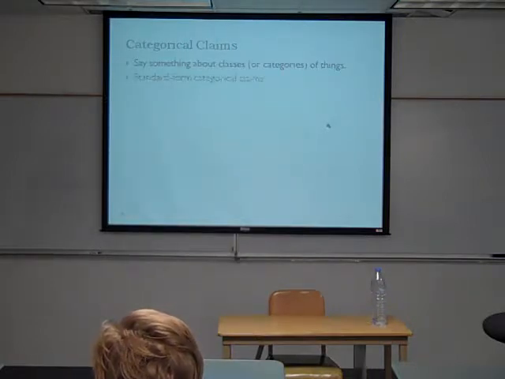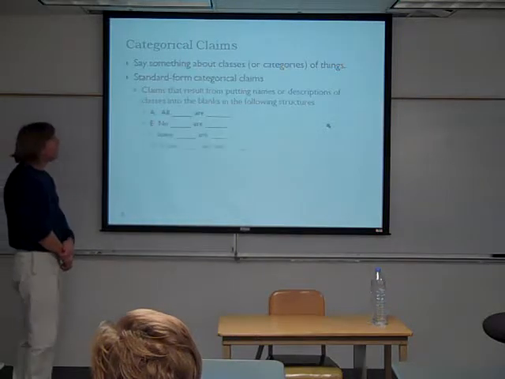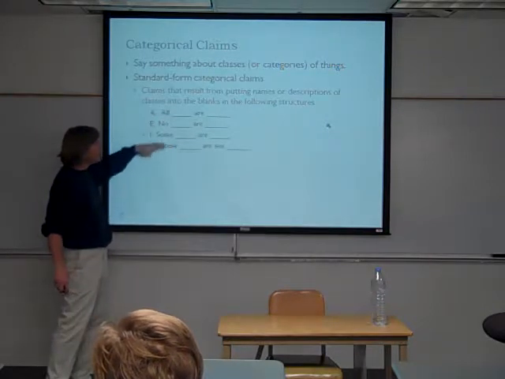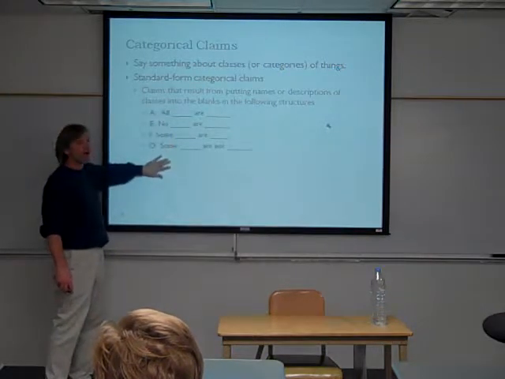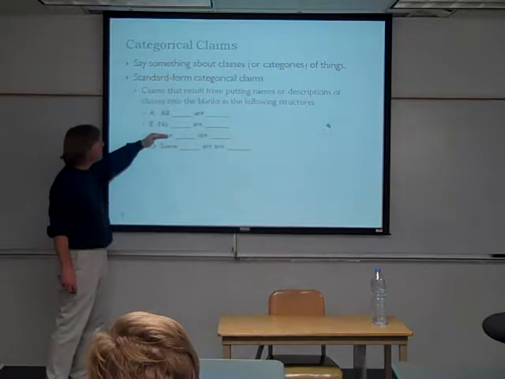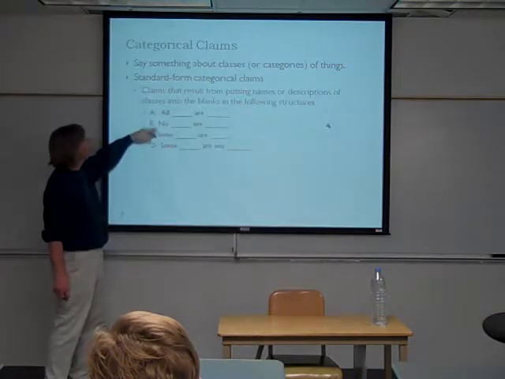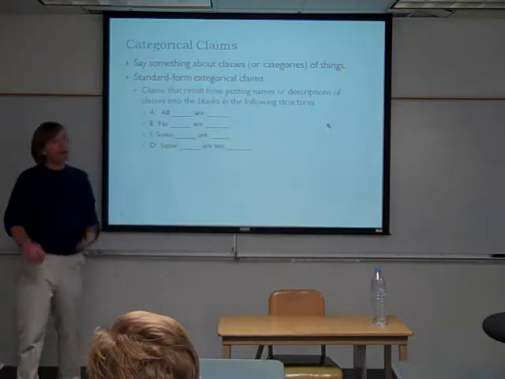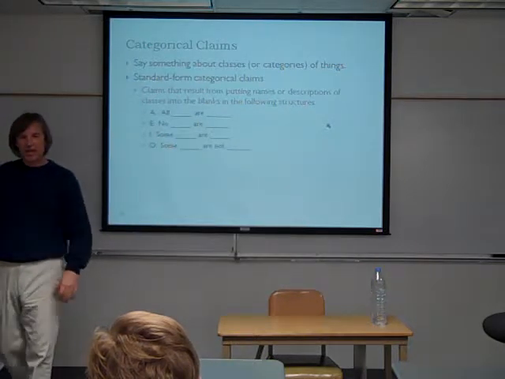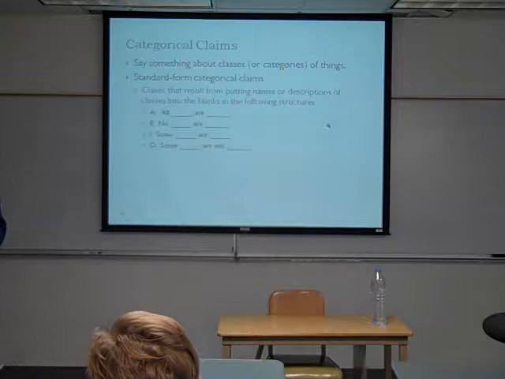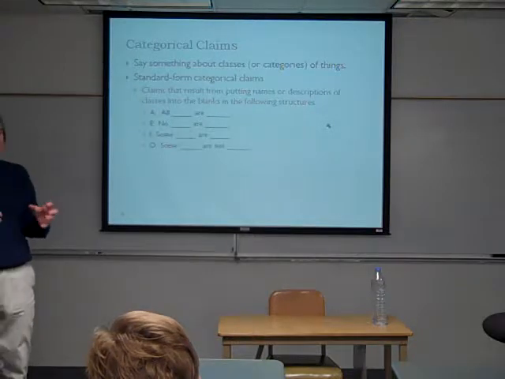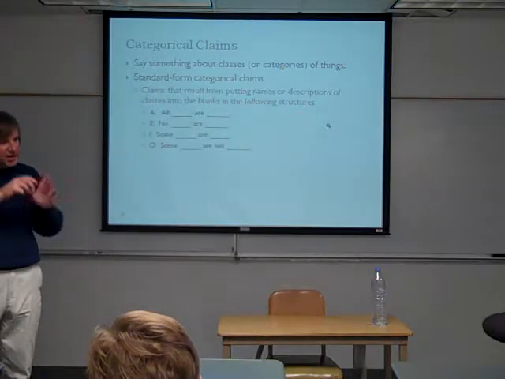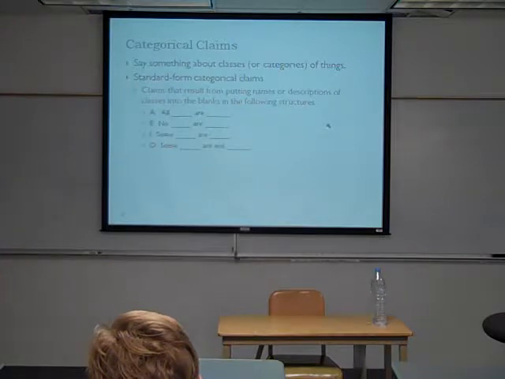Now, here's what categorical logic is all about. These are what we call categorical claims. And they make claims about a class or category of things. And all of categorical logic is based on these statements, statements about categories or classes.